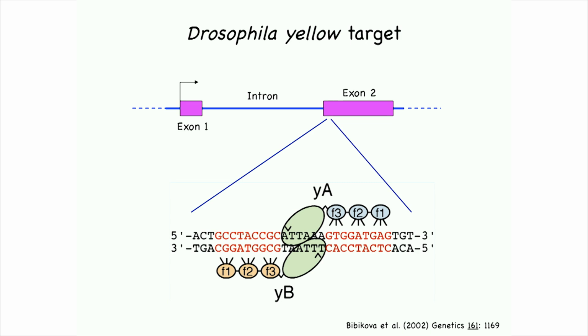Well, we asked for help from Kent Golic, who's a real Drosophila geneticist, and we built zinc finger combinations and built them into the zinc finger nuclease configuration for a target within the yellow gene of Drosophila. So I mentioned before, yellow controls the color of the cuticle and bristles on the fly.